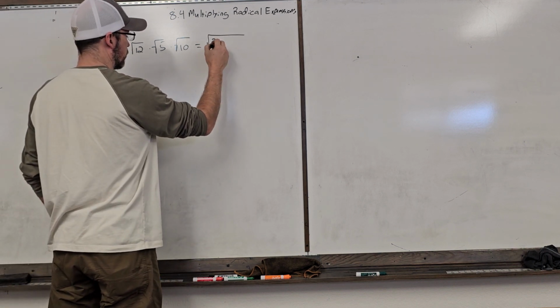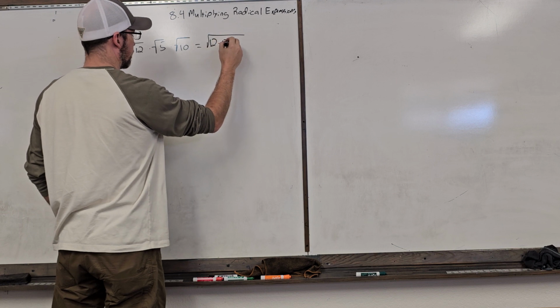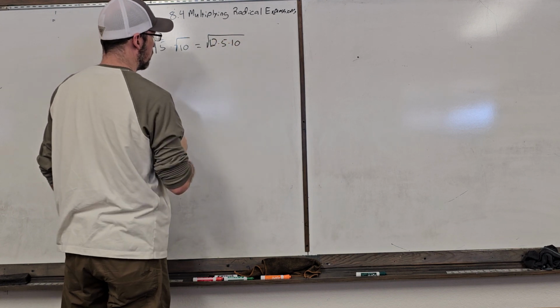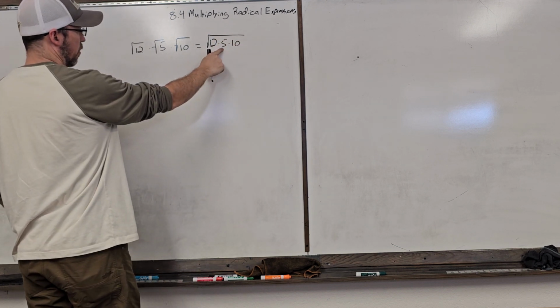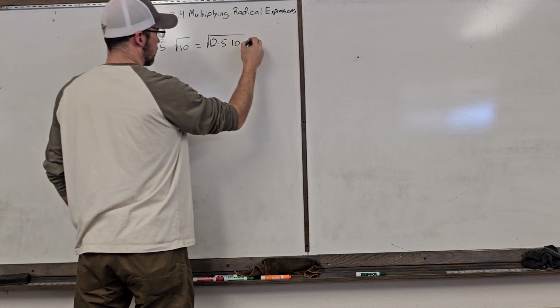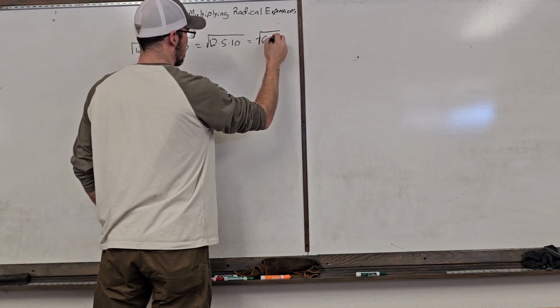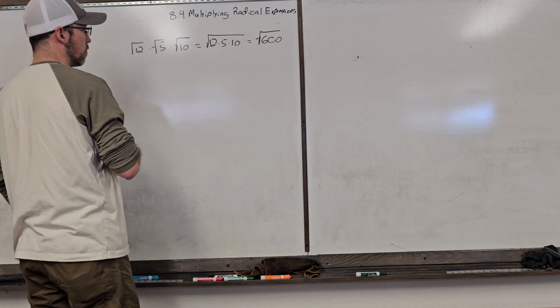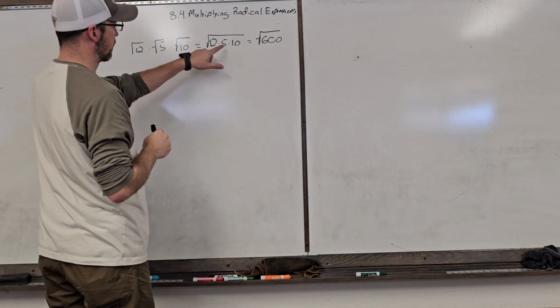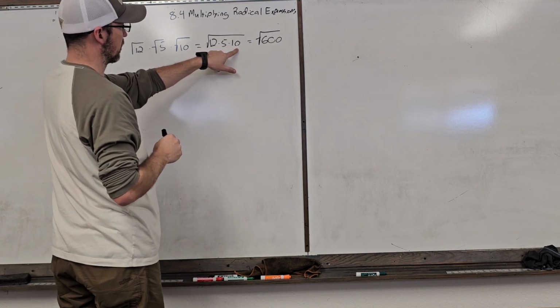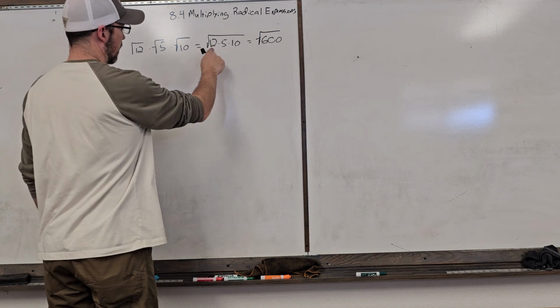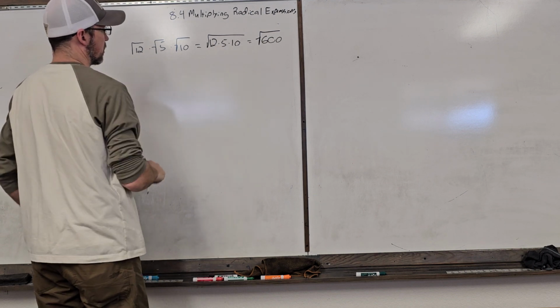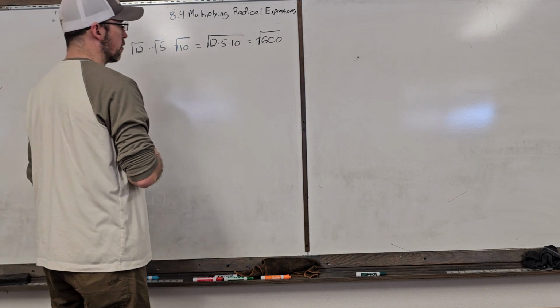I'm going to get the square root of 12 times 5 times 10. 10 times 5 is 50. 50 times 12 is 600. I could have done 12 times 5 is 60, 60 times 10 is 600. Or 12 times 10 is 120, times 5 is 600. Whichever way you can work that better.